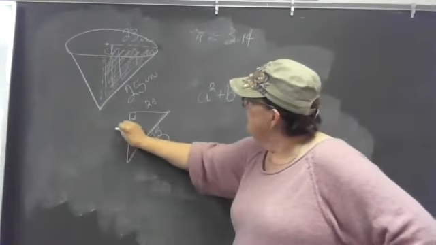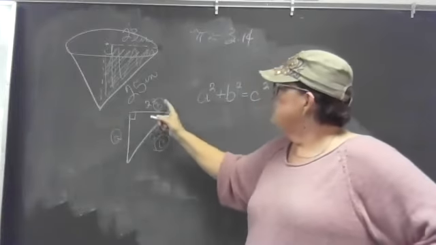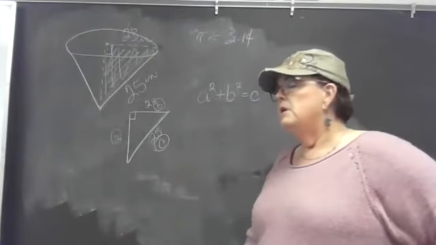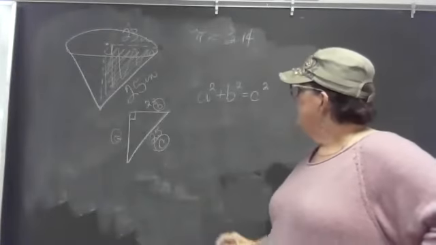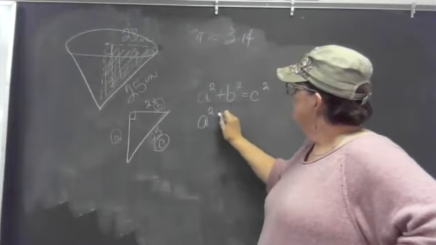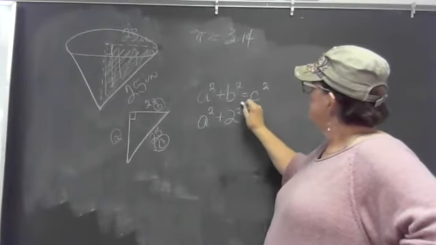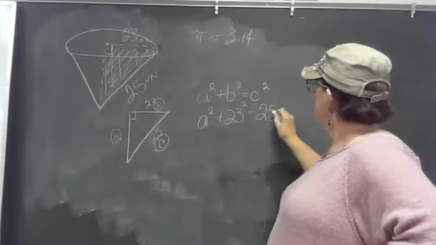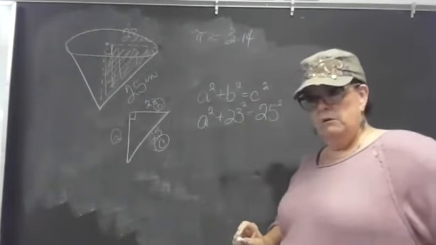We're going to call this one A and call this one B. They can be interchanged, A and B, but this has to be C. Now we're going to put it in our equation, which is called Pythagorean theorem. We don't know the A, so we're going to say A squared plus B squared equals C squared. And all we have to do is get A by itself.